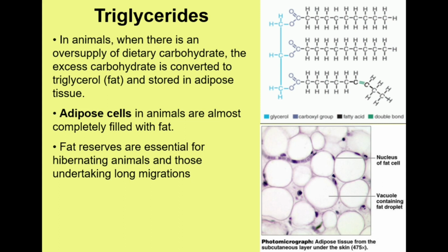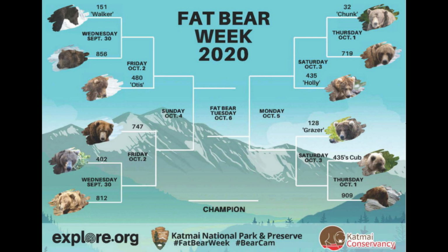By the time they emerge from hibernation the following spring, they will be really, really skinny, and then they will start the whole process over again. In fact, if you're interested, I believe it's in Canada somewhere where certain local groups actually run a fattest bear competition. They do an online thing where they award the bear that's put on the most weight during the summer, which is quite good fun.